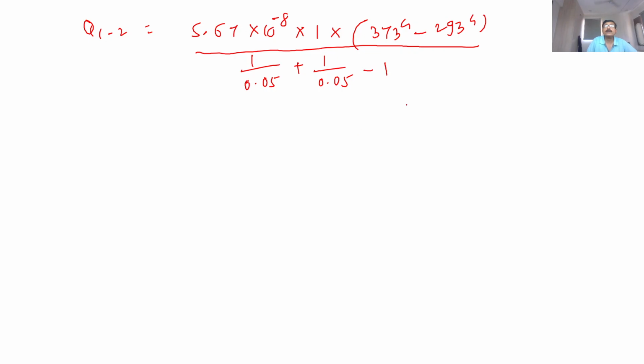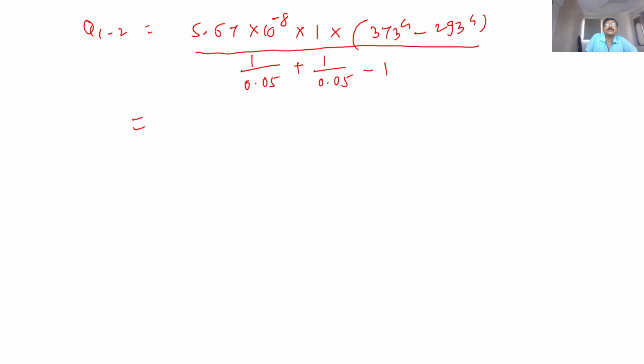Okay, now see, this expression contains a number of terms, and if you do it directly on a calculator, there is a problem. You are generally mistaken and you will get a wrong answer. In order to avoid that, my suggestion is to do the calculation bracket-wise: calculate the numerator separately and the denominator separately.